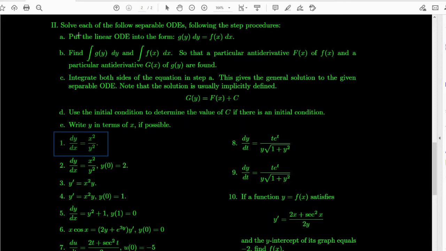Actually, in the general thing, I was trying to ask you to do the thing in 2 steps. For complicated cases, we do the thing in 2 steps. So we have the left hand side, which is an antiderivative of g of y. On the right hand side, uppercase F of x is an antiderivative of lowercase f. Okay, and then plus c.